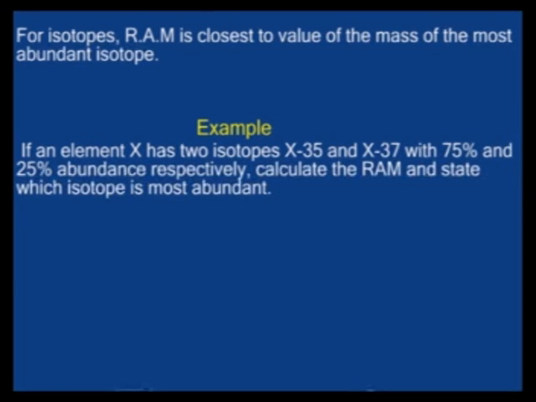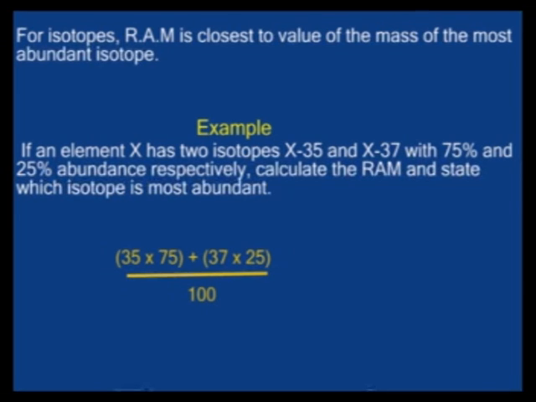In this solution, we simply multiply each isotope mass number with the percentage abundance. We then add the two and divide by 100%. That means 35 times 75 plus 37 times 25 over 100%.